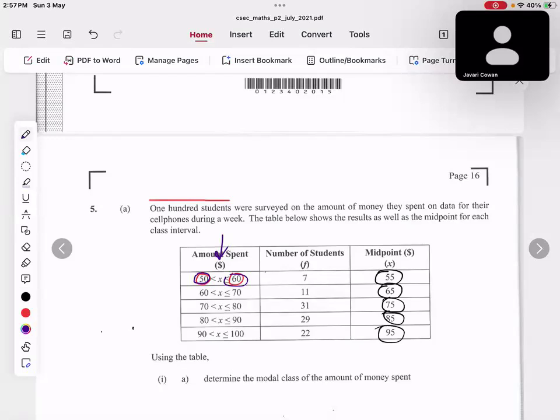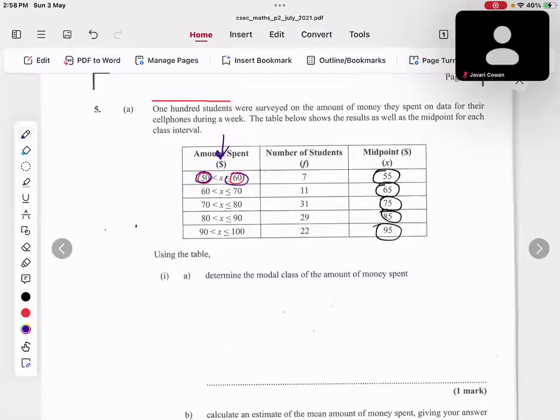We're trying to get the middle of each class interval. So to get the middle of anything, you have to add the upper and the lower and divide by 2. So in between 60 and 70 is 65, in between 70 and 80 is 75, in between 80 and 90 is 85, in between 90 and 100 is 95. All right, everybody get that? Yes, sir.